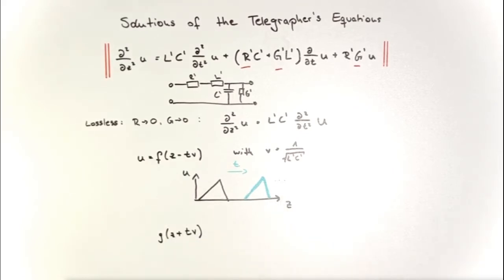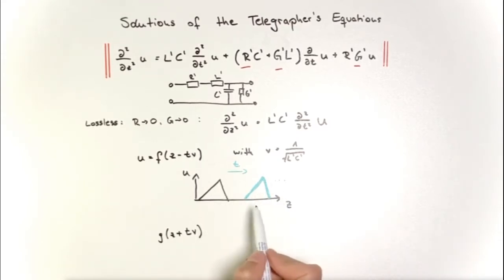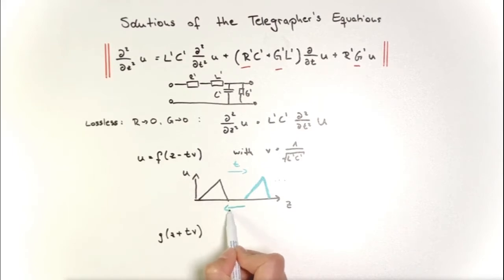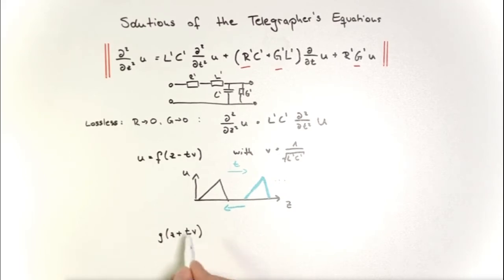And that just means that now we still have an arbitrary shape as we had before, but it's not traveling in this direction, but the opposite one. So it's a general solution of these equations, just with the pulse traveling in the opposite direction to what we define as the positive z direction.